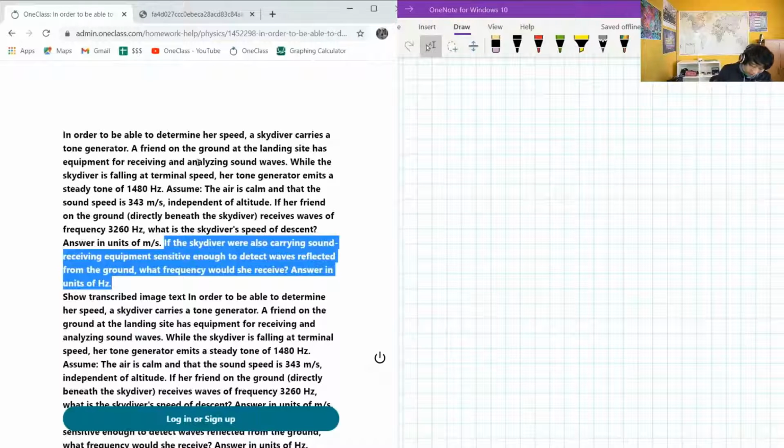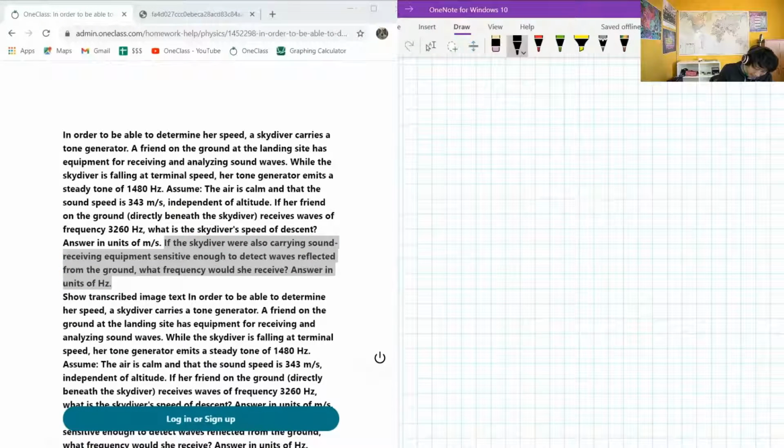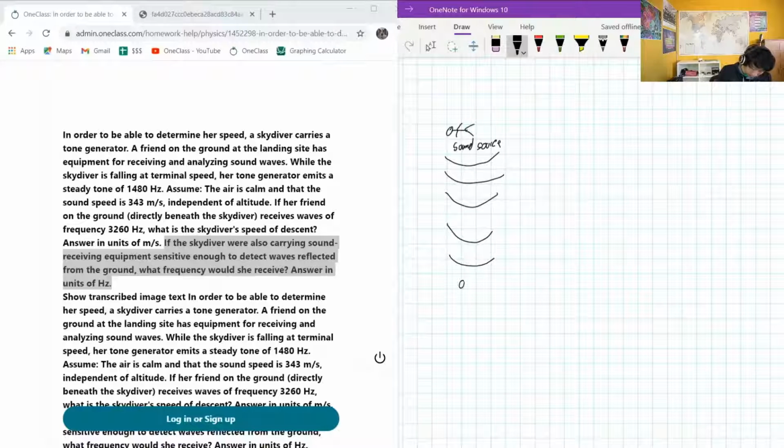Okay, so drawing out the situation, we have a person, a skydiver, like this, and they have a sound maker. And we have a person down here who observes it, and they observe it at a higher frequency. So here the F source is going to be 1480 hertz.